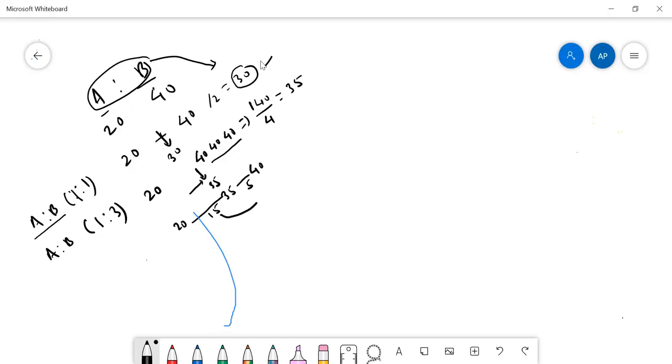This difference denotes the number of students of group B, and this distance denotes the number of students of group A. So what I can say is 5 is to 15, which is 1 is to 3. So you can now clearly see that the deviation of the average, which moves toward any of these sides, will always be in the ratio of their number of students.